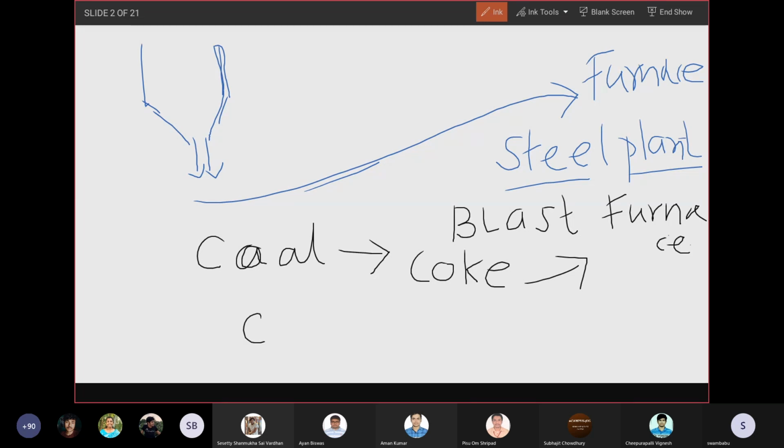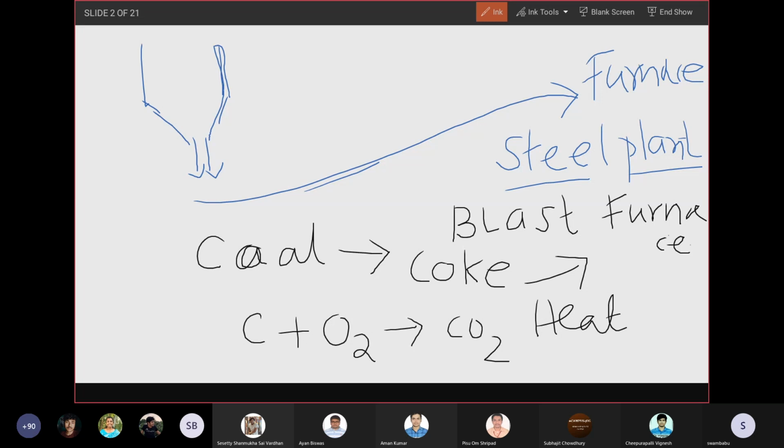We all know this carbon reacts with oxygen and forms CO2. Since this is an oxidation or combustion reaction, it forms heat.